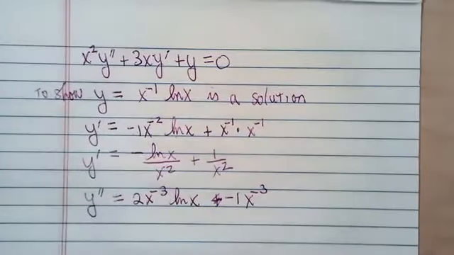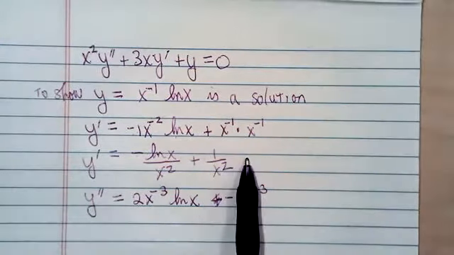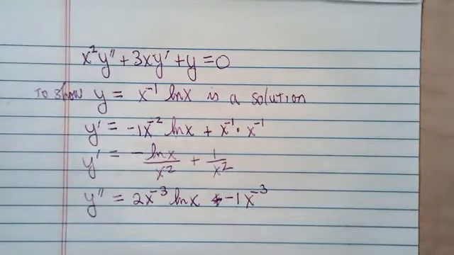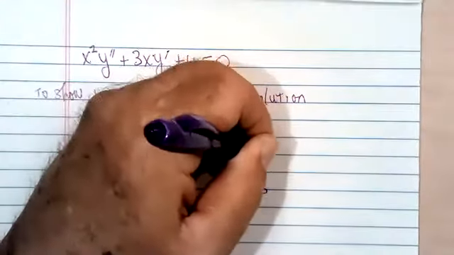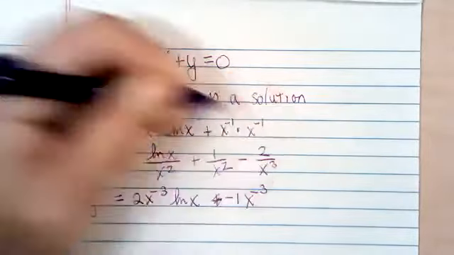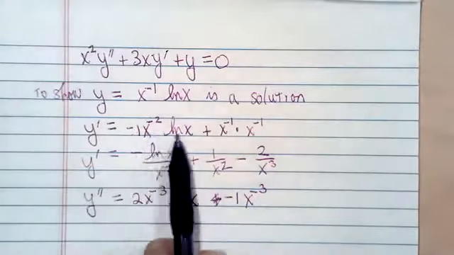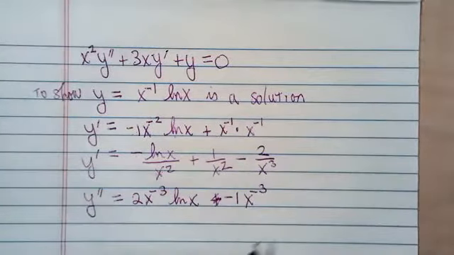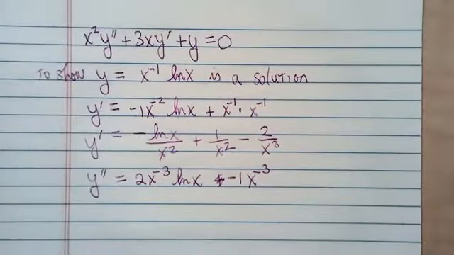And then I've got to take the, I left this off here, didn't I? This is x to the minus 2. And its derivative is minus 2 x to the minus 3. Two terms come from that product rule, and the x to the minus 2 produces one term in the derivative. Okay, so where was I?